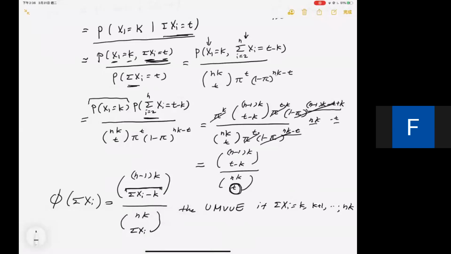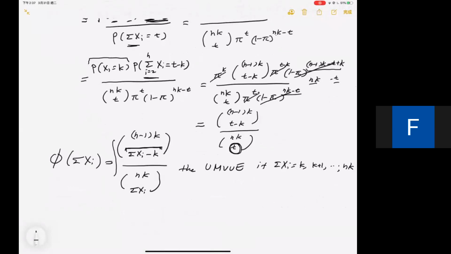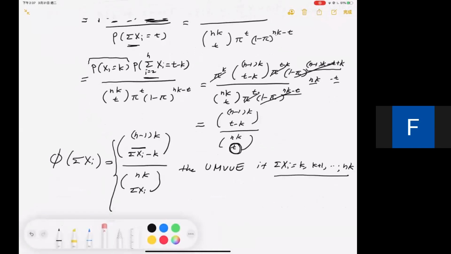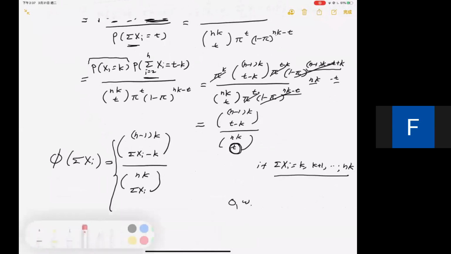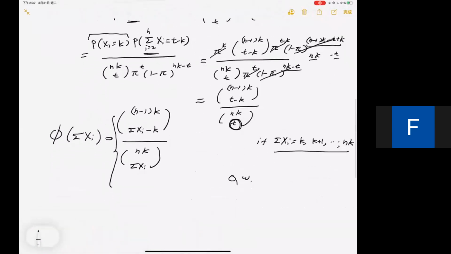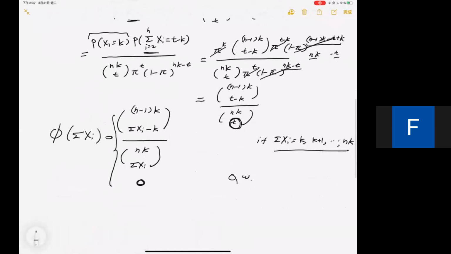You don't want to see that. So formally you should write that as: if summation xi is from k to nk, then you use this statistic. Otherwise, you just say Vt is 0. Okay, to become a formal definition of your unbiased estimator.